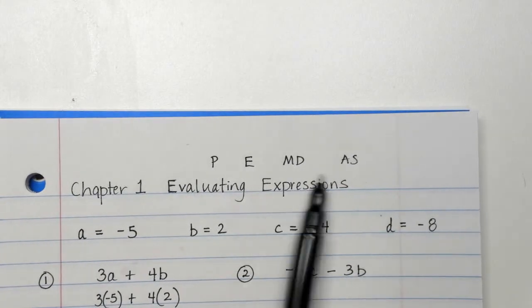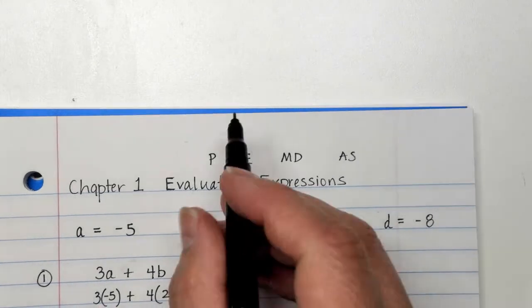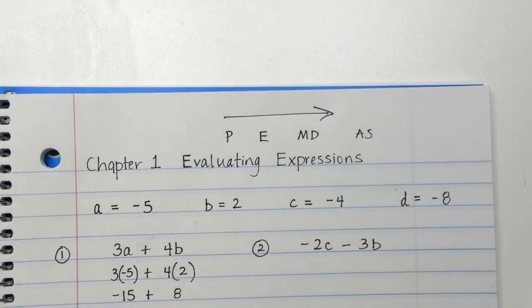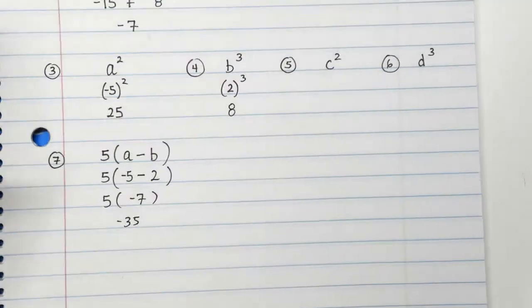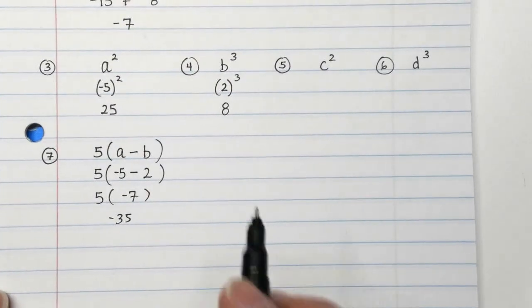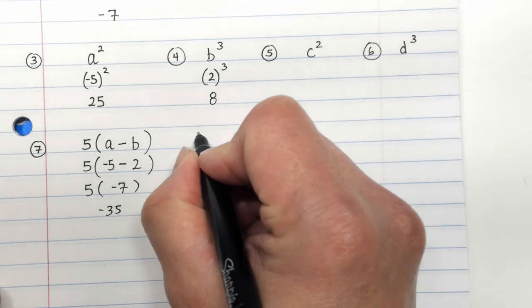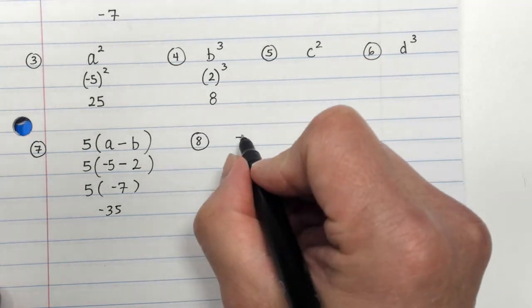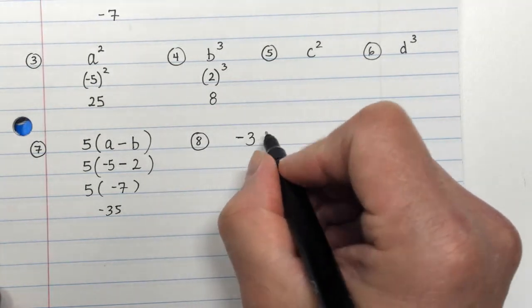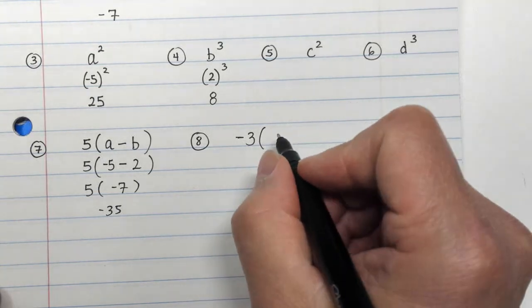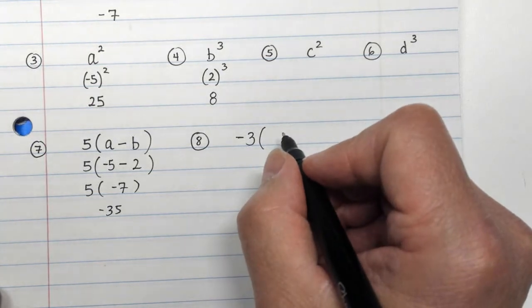You must do it in this order. Go that direction. You can't jump around. It's called the order of operations. Your turn. Be careful when you see negatives. That's all I got to say.